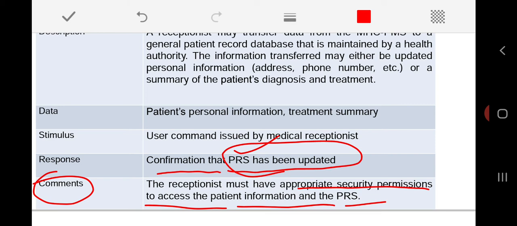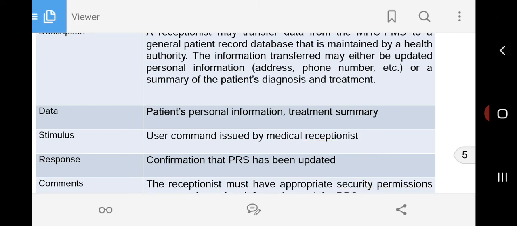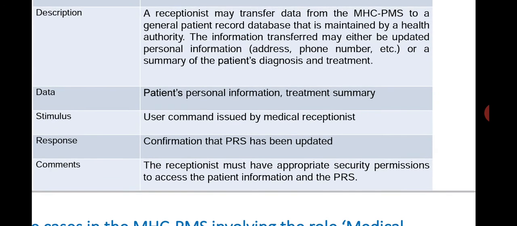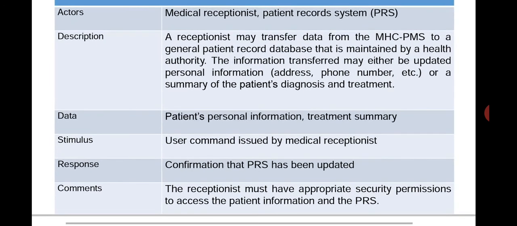So that is the reason we mention here that the receptionist who is responsible for transferring the data should be the authorized person, with appropriate security permissions. Only that person can perform this data transfer. So this is how we need to explain the interaction which has been identified in every use case.